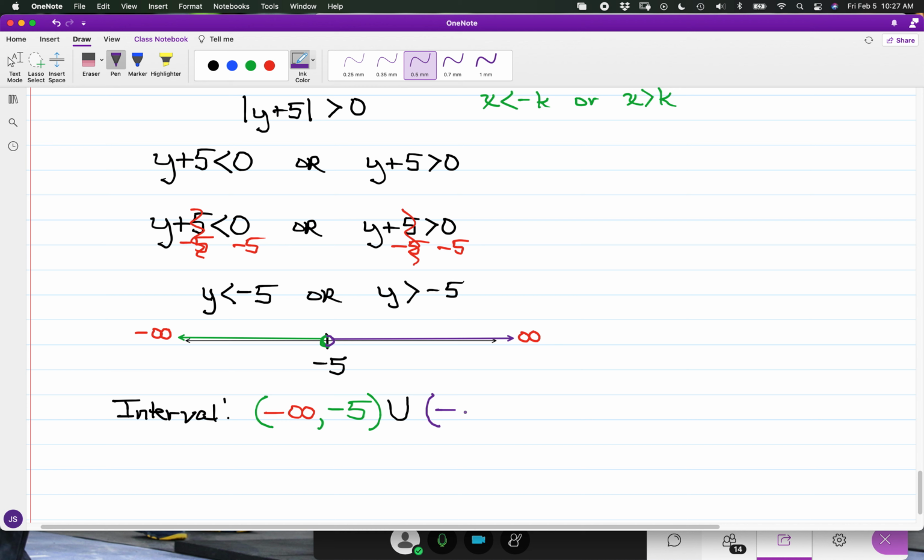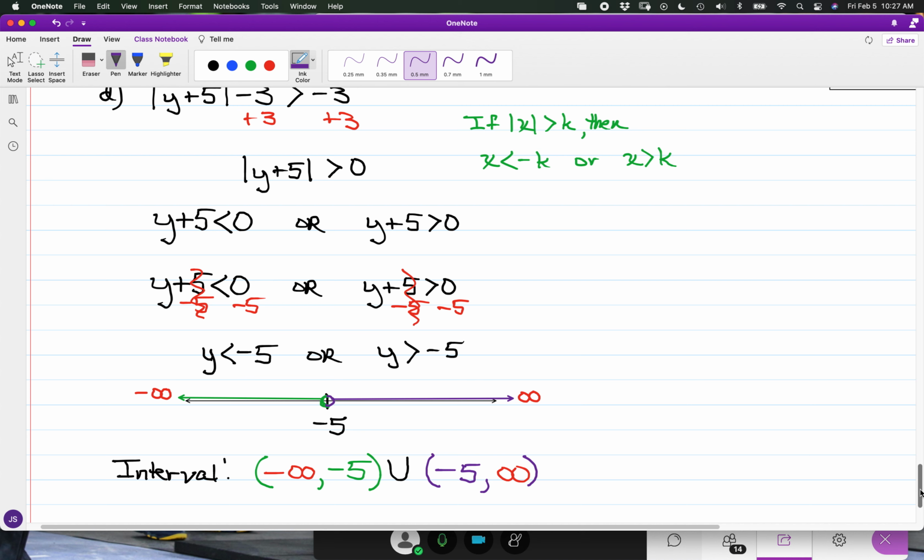So you have the notation, you have parenthesis around -5, and we have going continuously out toward infinity. Once you combine, you're looking at the set of all values of y such that y does not equal -5. And that will be your interval result in this case.